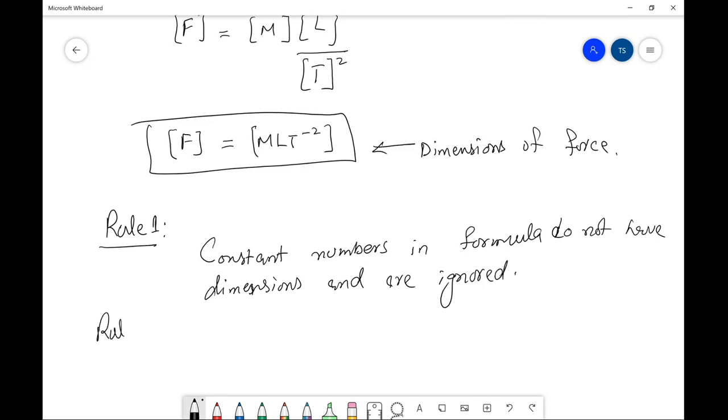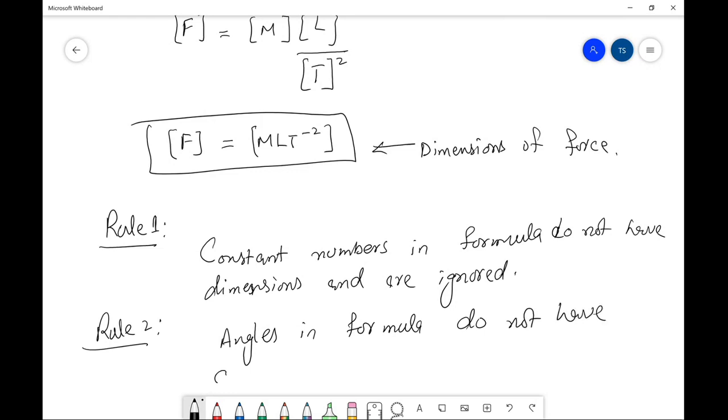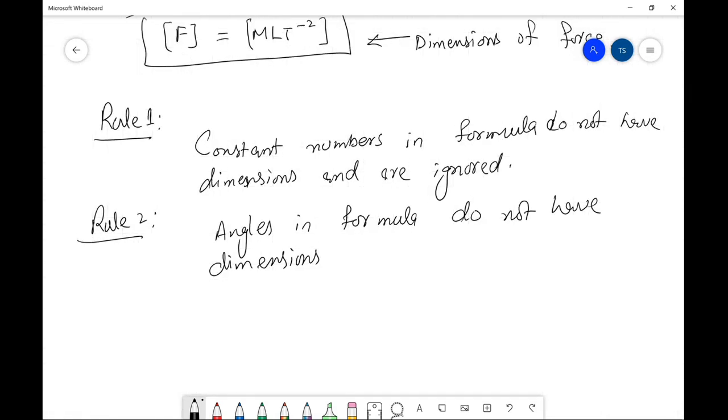And rule 2, angles in formula do not have dimensions. Then there is a rule 3. And rule 3 is, in a formula, only physical quantities with the same dimension may be added or subtracted.